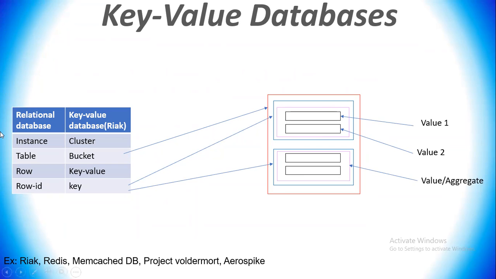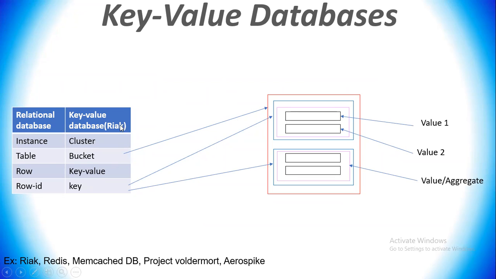So when you compare the two cases, relational and key value databases, what is called an instance is called a cluster. This is not a cluster of servers, but just a term for an instance in a relational database. A table is known as a bucket in key value databases, specifically in the database management system known as Riak.